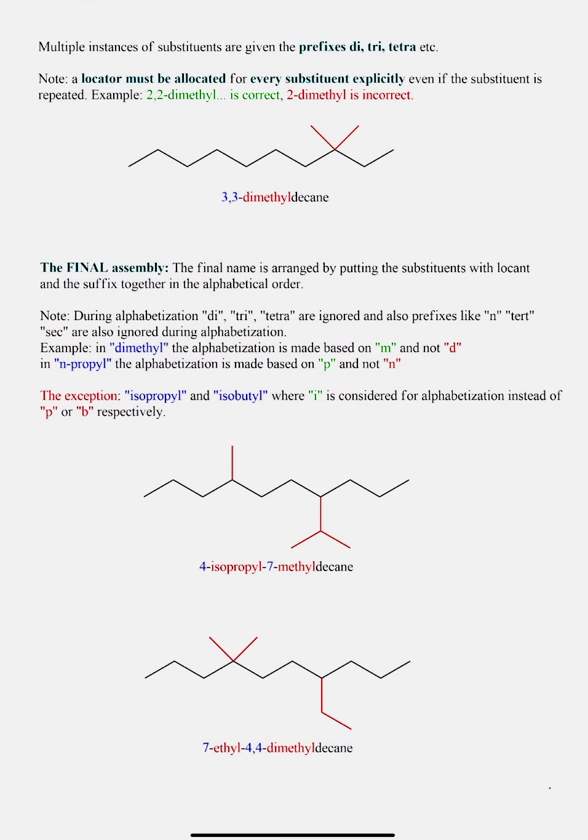Now if you have more than one substituent at a single carbon, you need to write the locant twice. Here, what is the correct way of numbering? Is it from the left or from the right? It's quite simple to see here, because the 2 methyl groups are closer from the right end than the left end, so we need to number it from here.